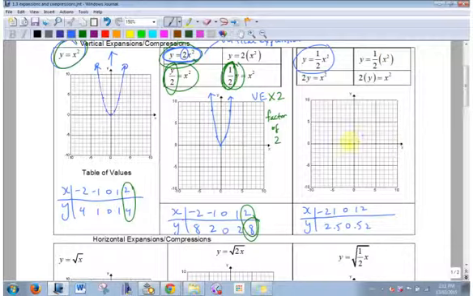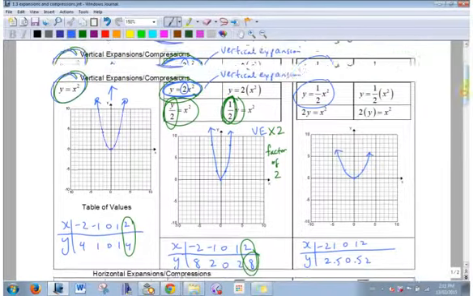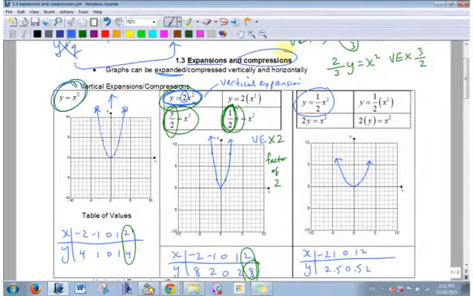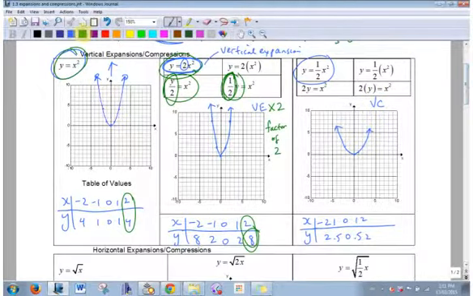And this thing's symmetrical. And you might use the word fatter last year, that would be fine, but now we have to call it a vertical compression, or a VC for short. What's the factor? 2 used to give me 4, now 2 gives me half of that.